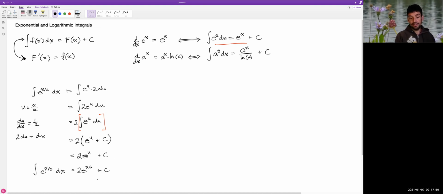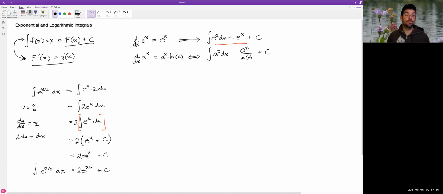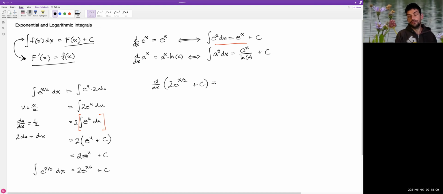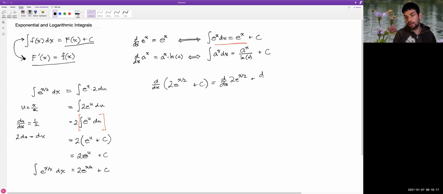The way we check these is when we get our result, if we take its derivative, it should equal the function we started with, the integrand. In other words, if I take the derivative of 2e to the x over 2 plus c, do I get back what I started with? So I can take the derivative, distributes over addition.